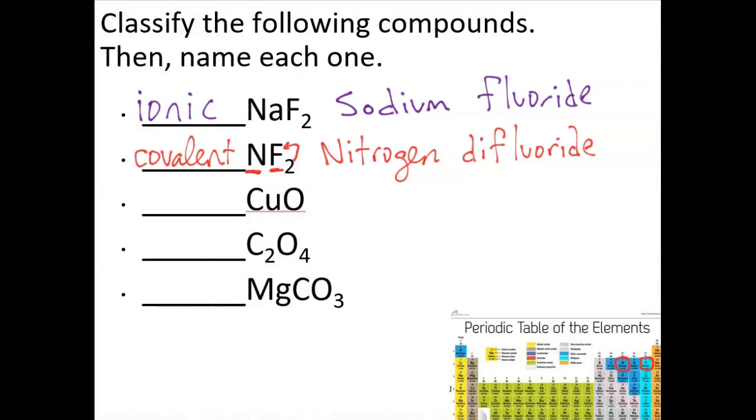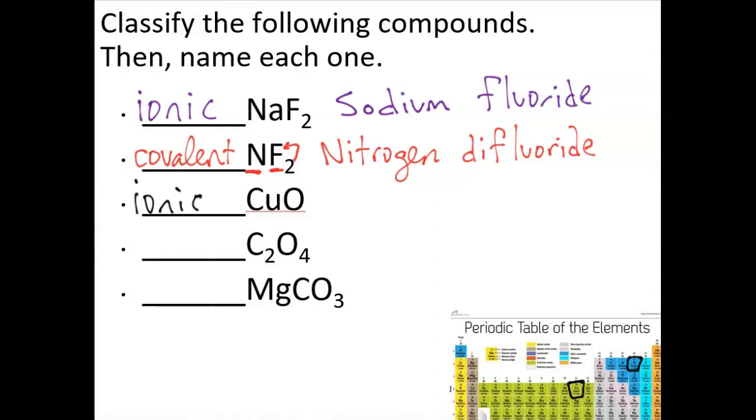Next we've got CuO, number 3. Let's find those on the periodic table. There's Cu. There's O. Alright, so here we do have a metal plus a nonmetal. It's ionic. And most importantly, we have a transition metal. If you have a transition metal, you're going to have to use a Roman numeral to indicate the charge.